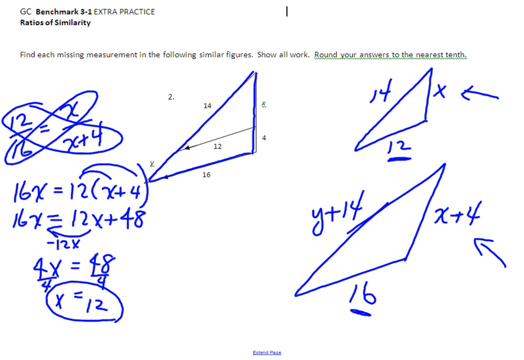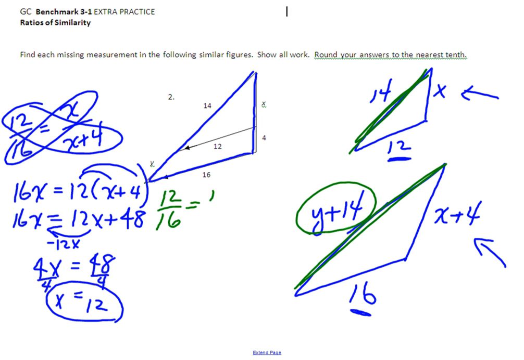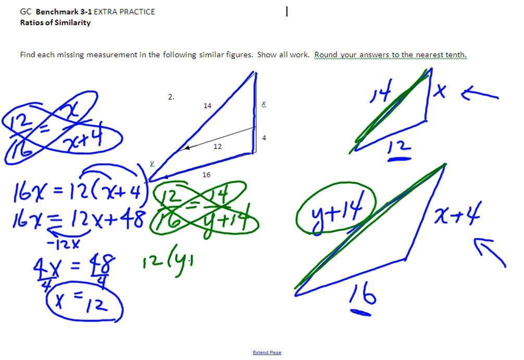And then for Y, I'll still use the same 12 and 16. So 12 is to 16 as, now here's my Y, as this side is to that side. So as 14 is to Y plus 14. Cross multiplying here, it doesn't really matter what order you do it, I'll say 12 times Y plus 14 equals 16 times 14, which is 224.